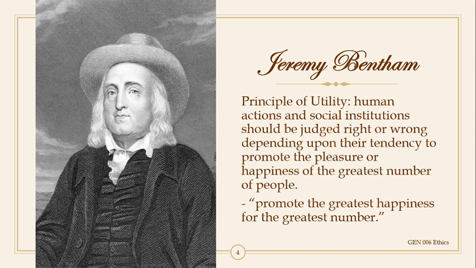He describes it in his Introduction to the Principles of Morals and Legislation, a 1789 publication, in which he wrote that nature has placed mankind under the governance of two sovereign masters, pain and pleasure.